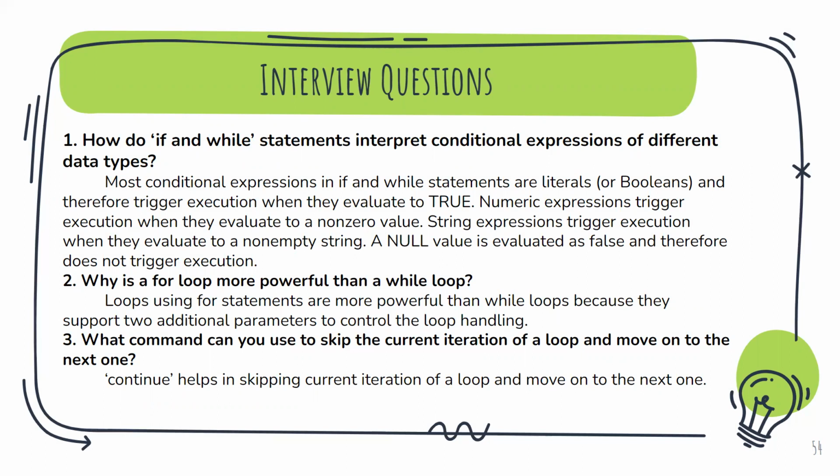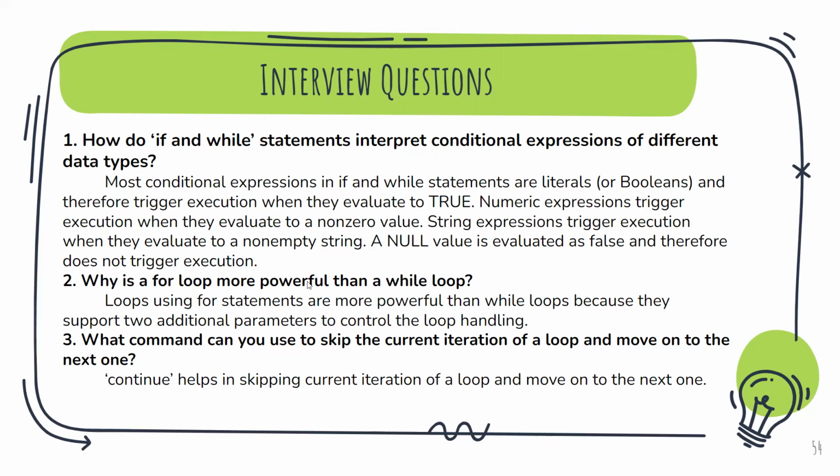In case of strings, if it's a null string, it is evaluated to false. Any string that has a minimum of one character is evaluated to true. In case of numerical data, any non-zero value is equivalent to true, and zero is evaluated to false.